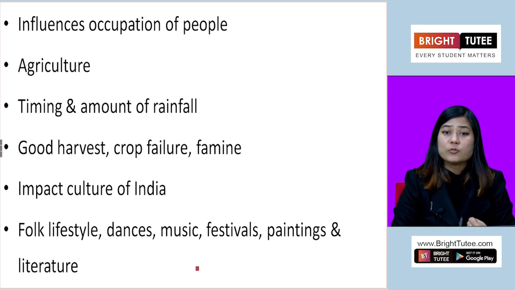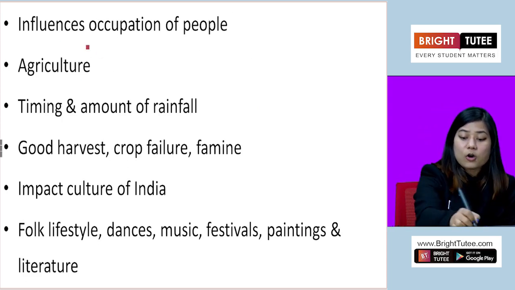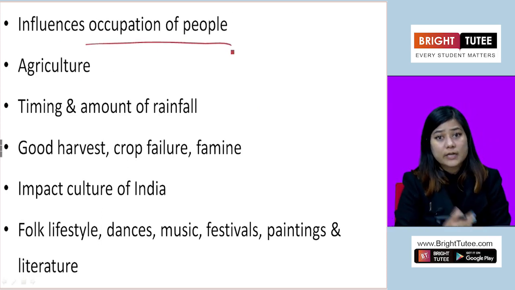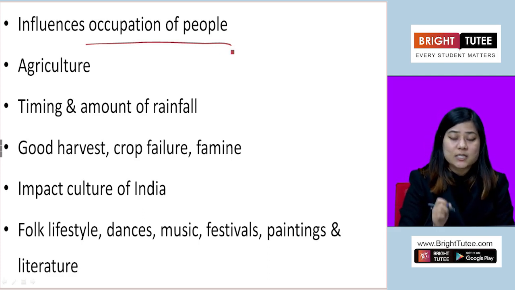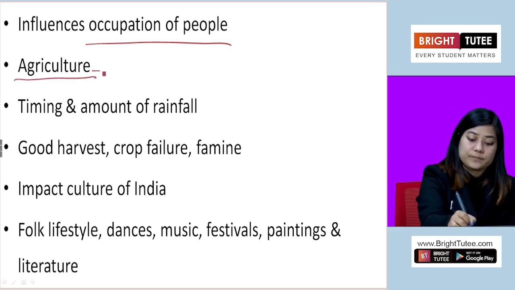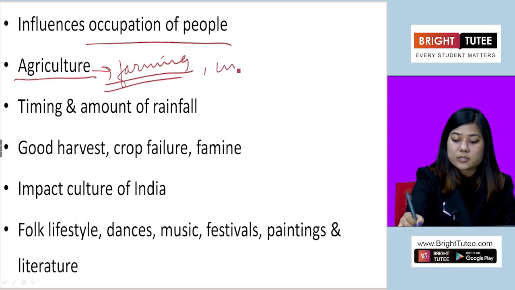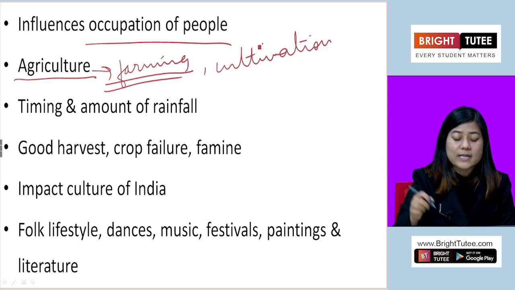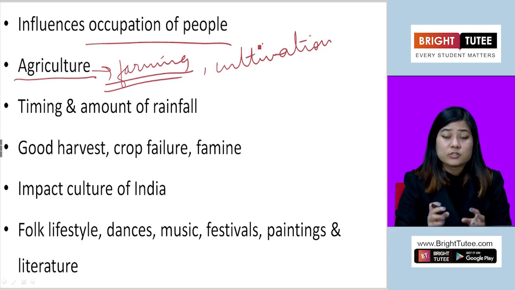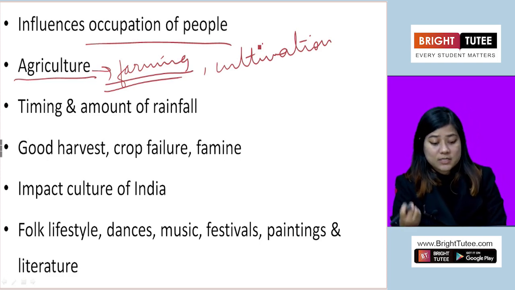Now, it is not only the lifestyle which is influenced by the climate, but the occupation of the people is also influenced. One of the occupations which gets influenced heavily by the climatic condition is agriculture, farming, cultivation. Agriculture is the occupation most influenced by climatic conditions.